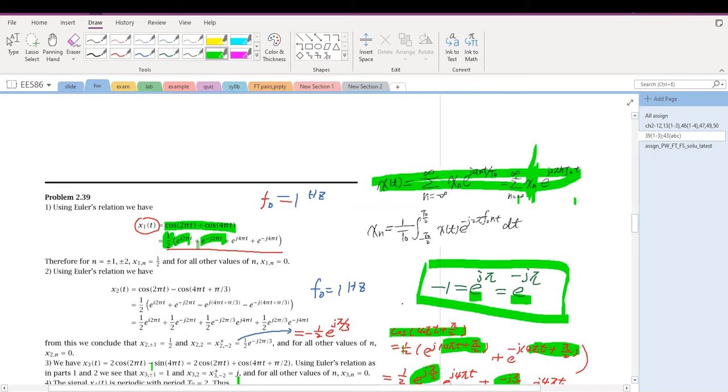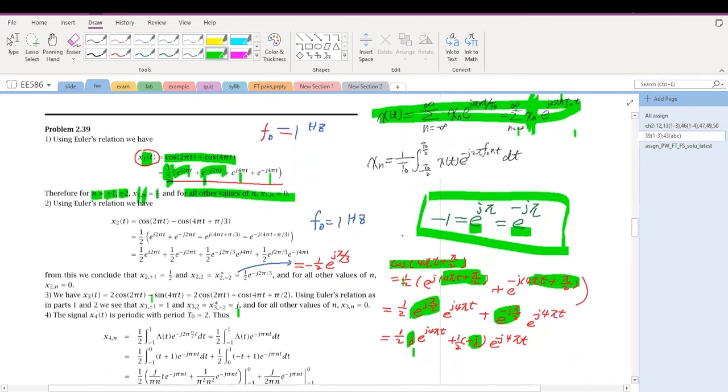If we compare, for n equals 1, the coefficient is half; n equals minus 1, half as well; n equals 2, half; n equals minus 2, also half. So for n equals plus or minus 1 and plus or minus 2, X1 of n is half, and otherwise 0. Here the subscript 1 is associated with signal x1.